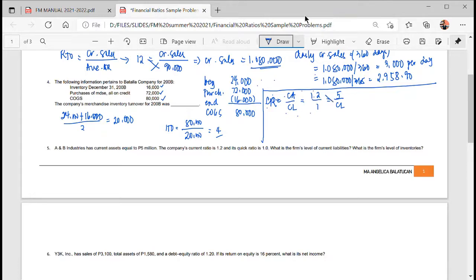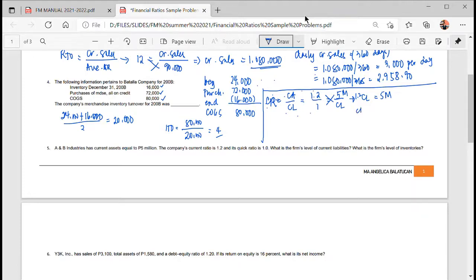So cross multiply: 1.2 times current liabilities equals 5 million. Then divide 5 million by 1.2 to get your current liabilities.